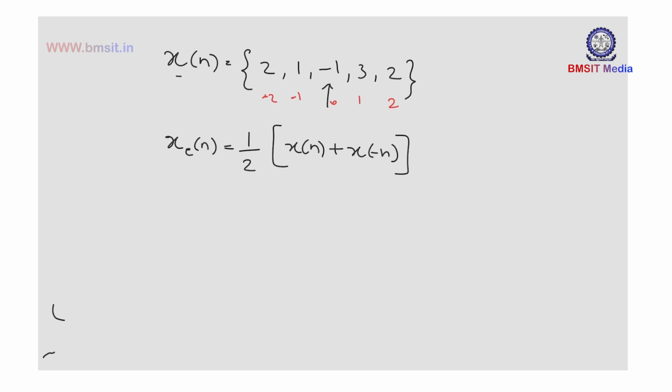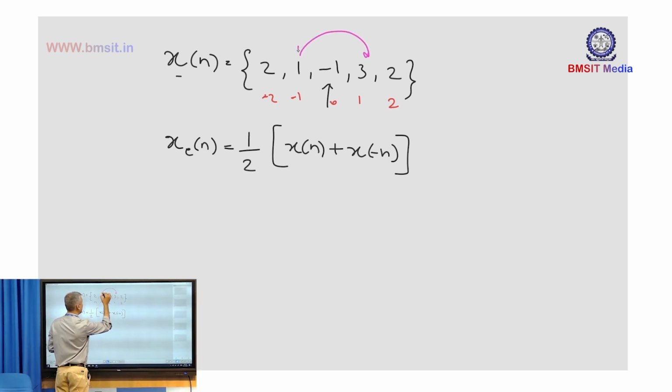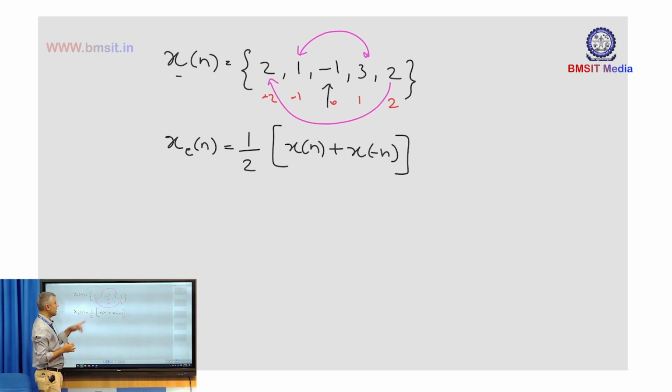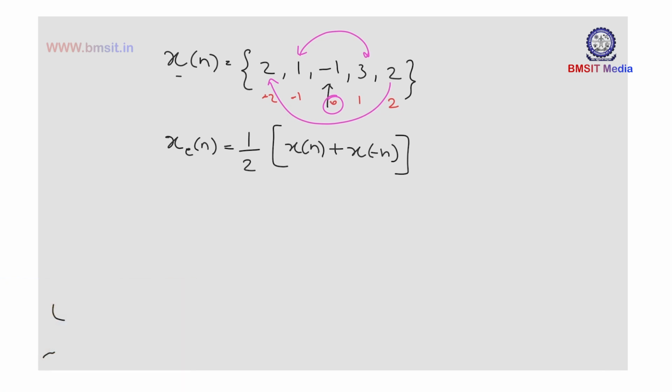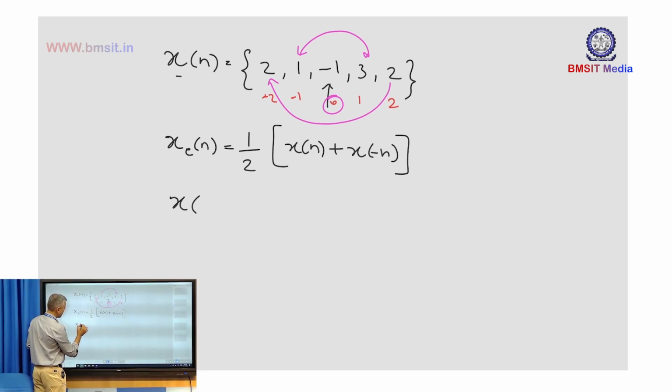What will happen if you were to fold this signal? When you fold the signal, the elements will take different locations. This 2 will come and occupy the minus 2 position and the other one will go to the other side. As far as the 0th element is concerned, it will stay in its present location. So let us first write down the signal x of minus n, which is the folded version.